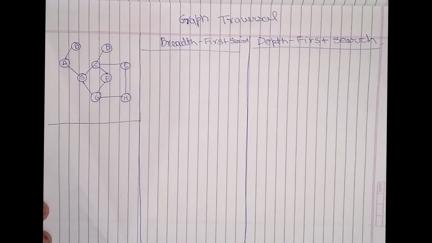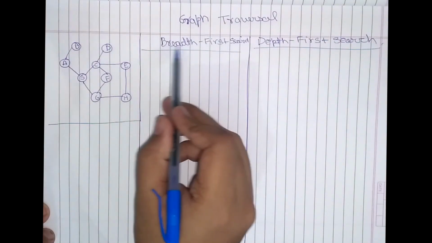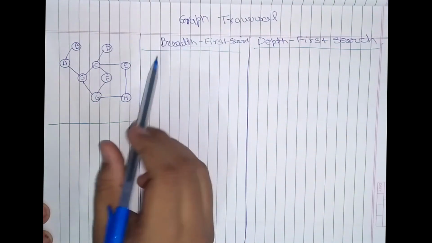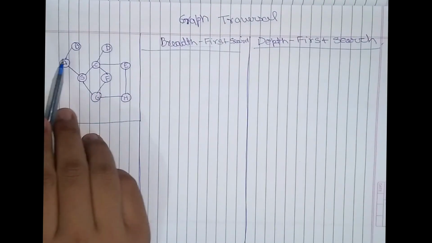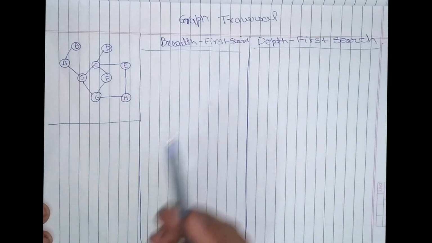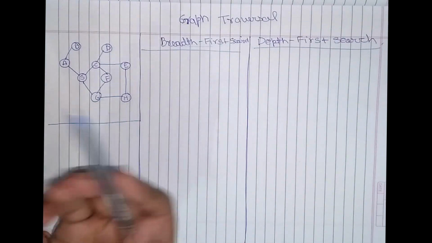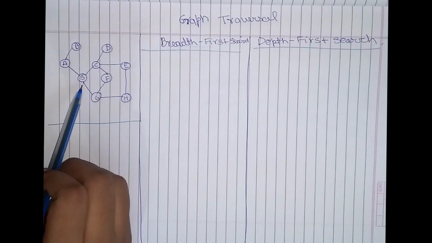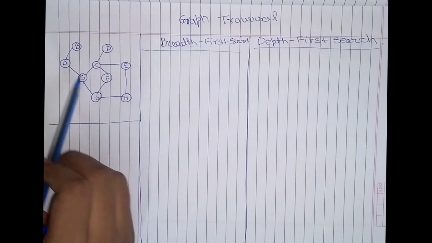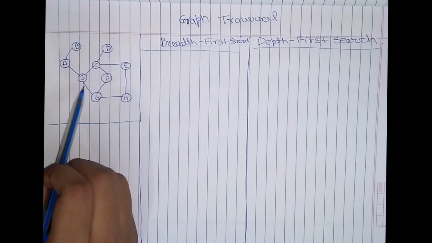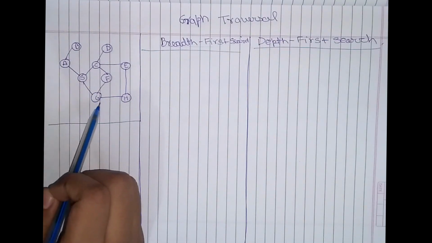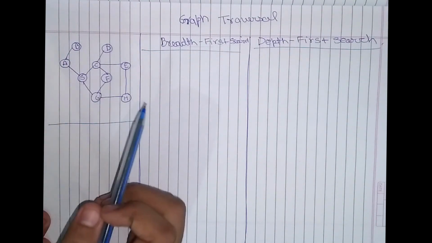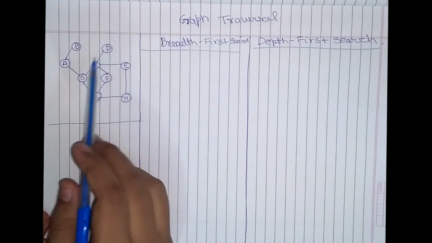So then these two algorithms came in the way, breadth first search and depth first search. What does breadth first search mean? From the name we can imply that it first searches its breadth. Breadth means its first children. Like if we are starting from node A, it will first check out node S and then node B, and then it will go and see the children of node S, G, F, C, and then it will go to G and check out its children.